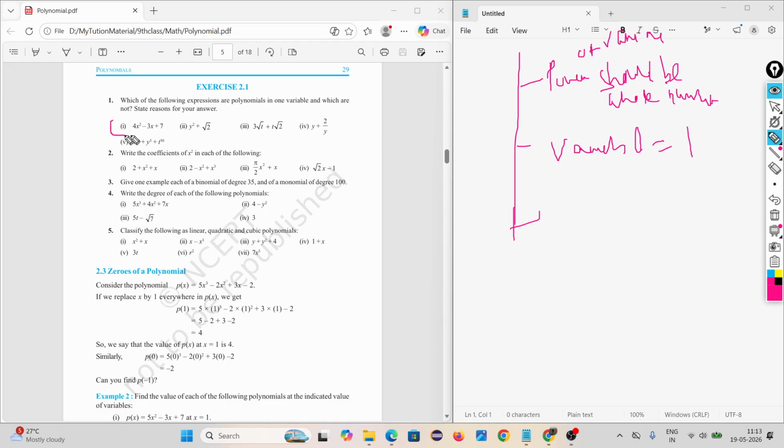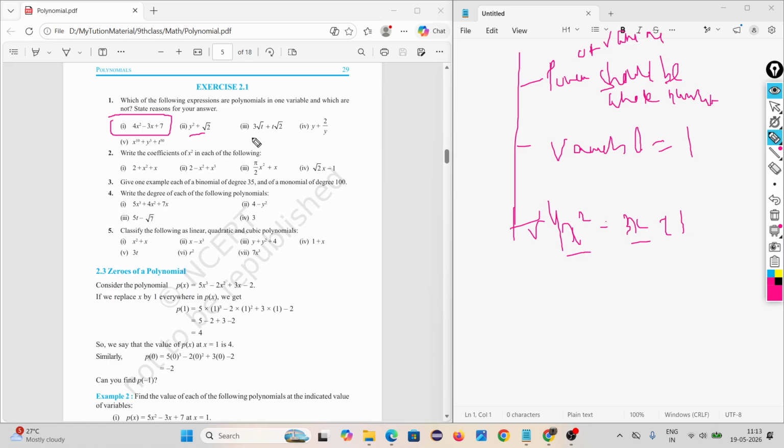Look, first expression. Is it a polynomial in one variable? Yes, because the powers of the variable are 2 and 1, so it is a polynomial having one variable. Next, y square plus root 2.